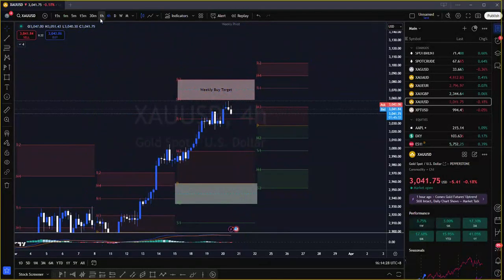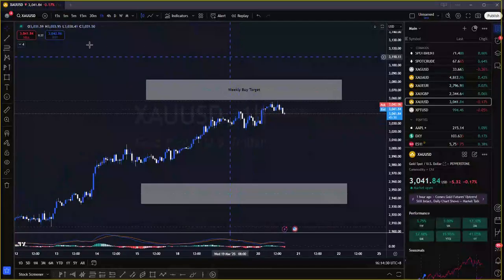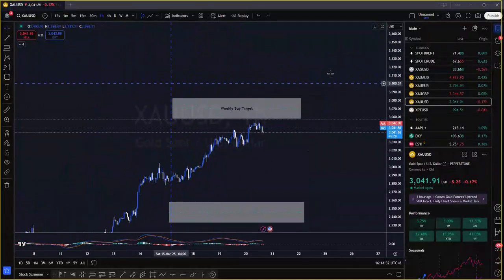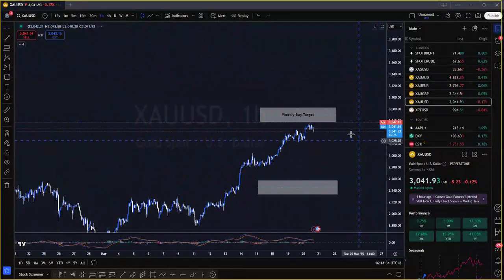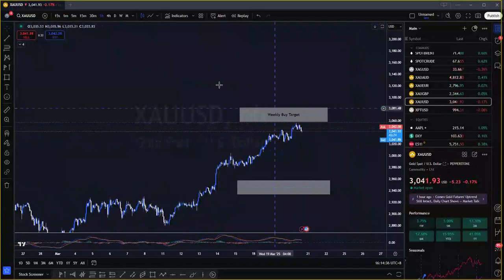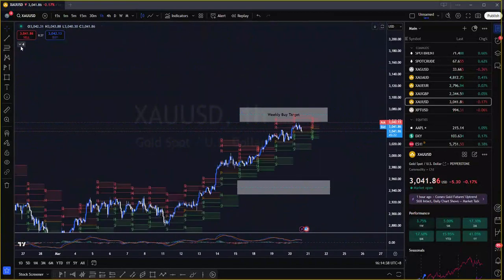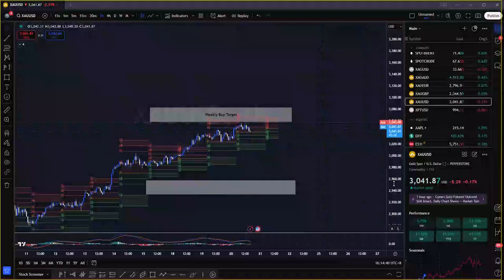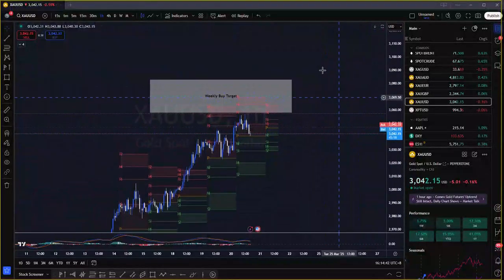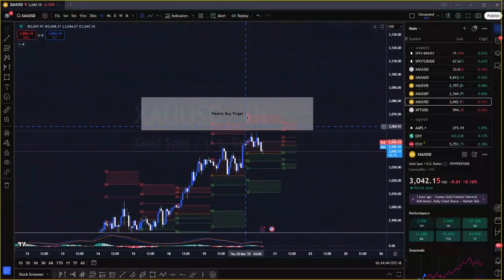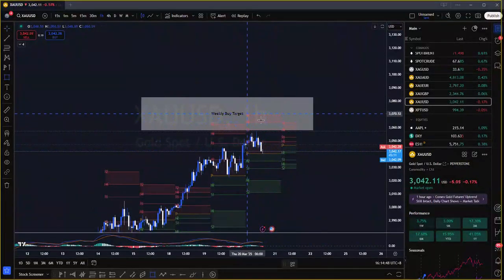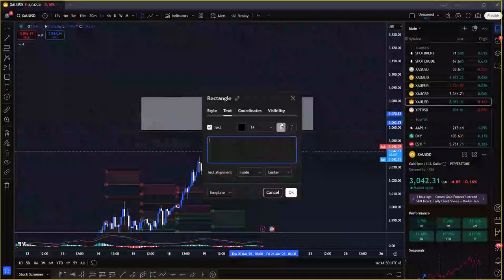Okay, so the good thing, again, back down to the 1 hour, is that your pivot points will automatically adjust to the daily time frame. So this is really nice because then your daily target, you can see that it overlaps with our weekly target. So this potentially can be our daily buy target as well.